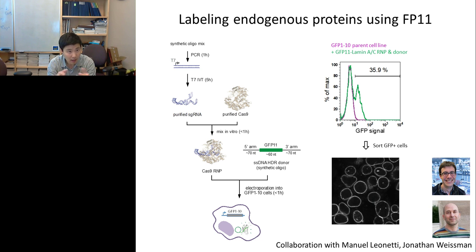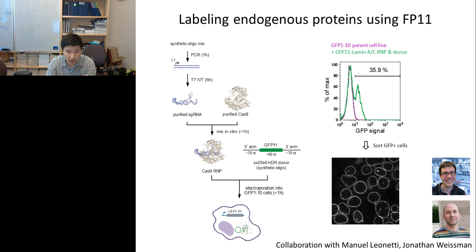The protocol that Manuel has developed was based on the Cas9 RNP method. Basically, we mix in vitro transcribed guide RNA with Cas9 protein to form the RNP complex, mixed with our synthetic donor DNA. We do electroporation into the targeted cell line that's already expressing the 1 to 10 fragment.